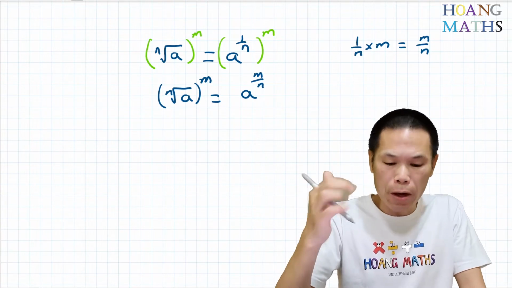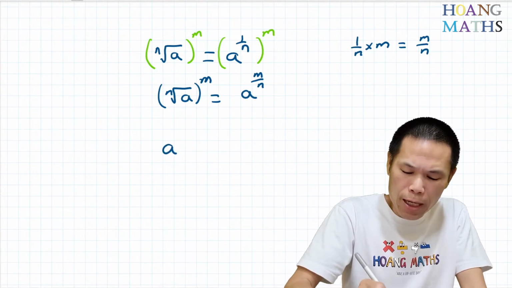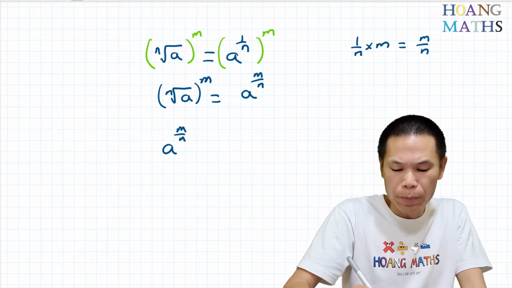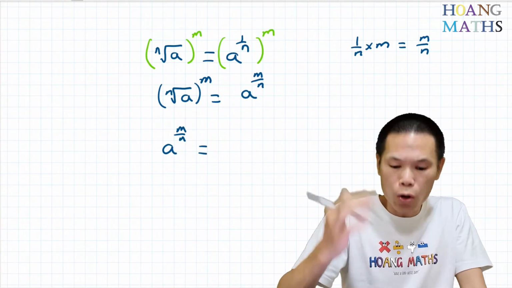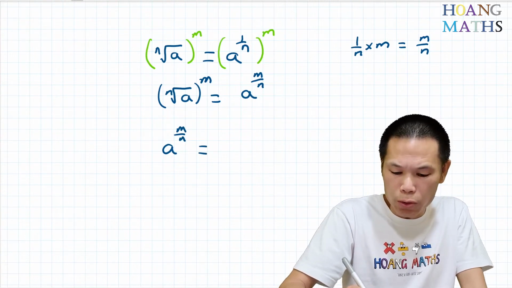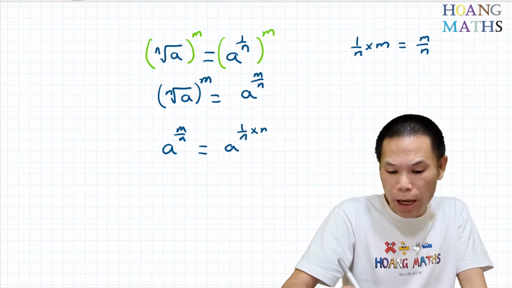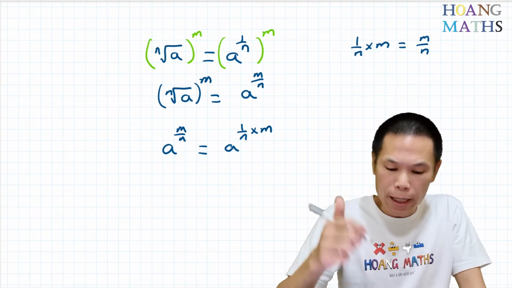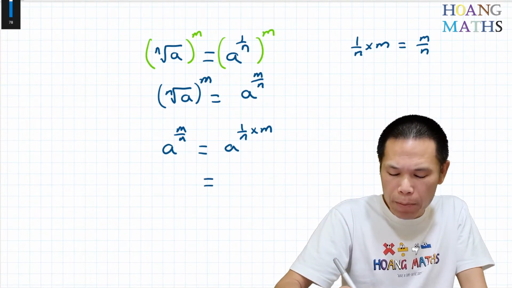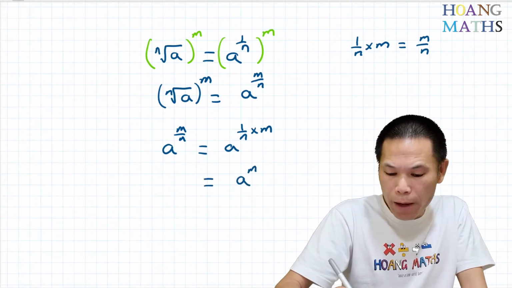If you think about it, we have a power of m over n. From log law, this is also equal to I 1 over n times m. So this is exactly the same as I power of m, power of 1 over n.